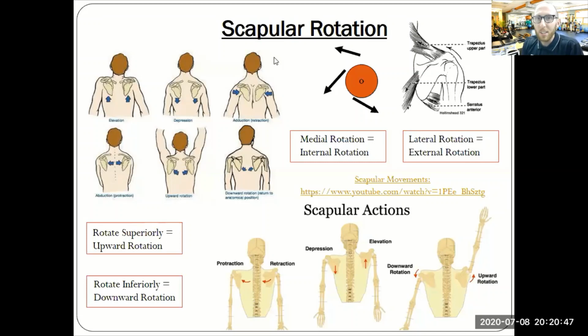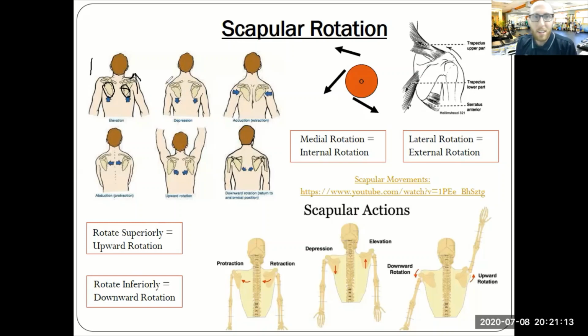And the actions we can see here, there's 6 of them. Let's start with elevation. Elevation is elevating your scapula on up. Notice the scapula normally would be here and here, and they've been elevated, which is shrugging your shoulders. Go ahead, at home, wherever you're at, shrug your shoulders on up, and that's elevating your scapula.